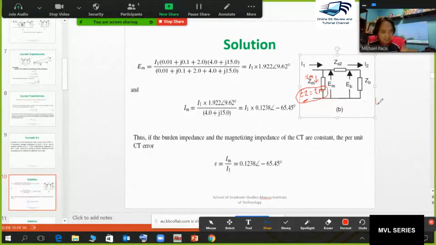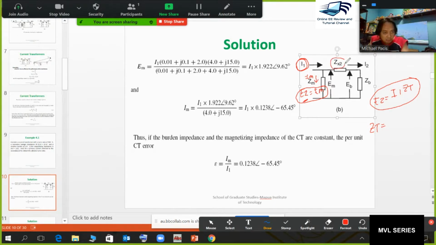By analysis, how can you get E2? If you already got I1 and the total impedance up to the secondary side of the transformer, I could say ZT. However, how can you get ZT? It's pretty clear on the diagram.